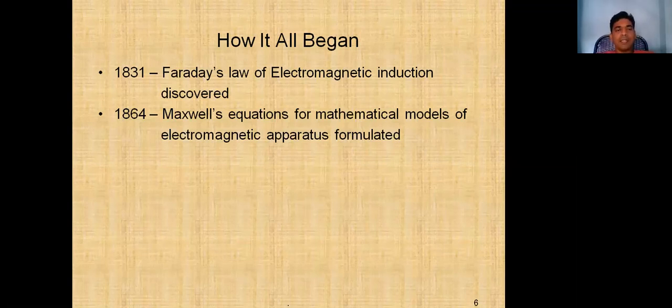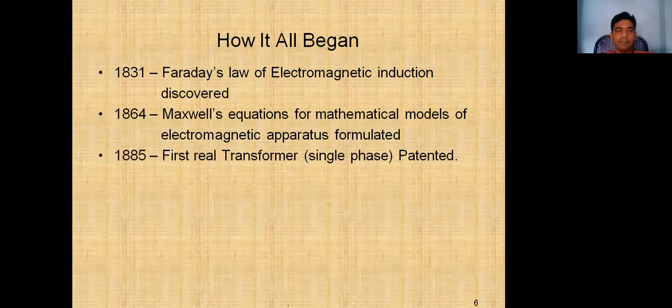In 1864, Maxwell's equations for a mathematical model of electromagnetic apparatus were formulated. In 1885, the first real transformer patent.